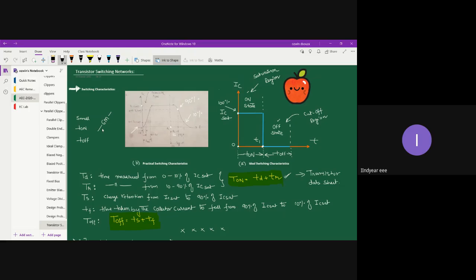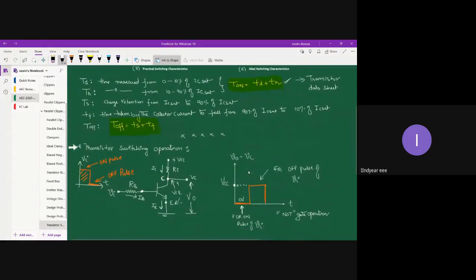You have to draw the practical characteristics; ideal characteristics you need not draw. I have drawn the ideal characteristics just to compare the shape of the ideal curve with the practical curve. So that's your ideal and practical transistor characteristics.